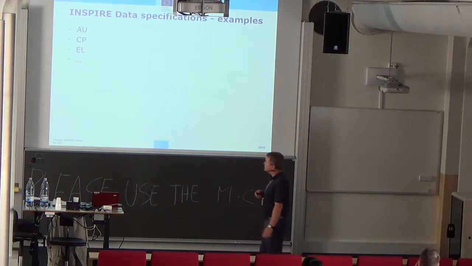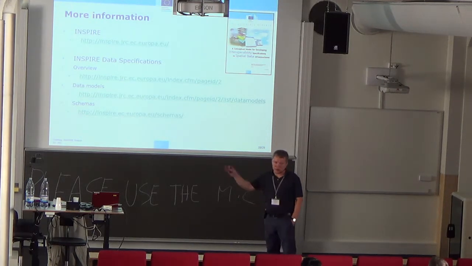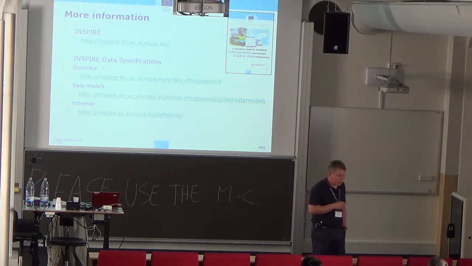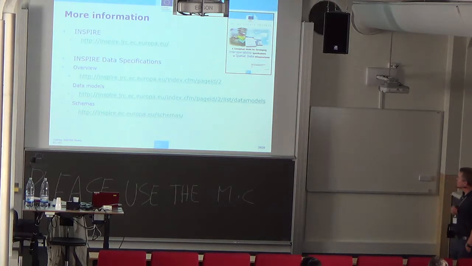So these were the examples. However, if you go into the data specification, and we will try just to go very quickly through one of them, you can choose whatever you want. But as I mentioned already, there are a lot of sources on the internet. I mentioned this JRC report, conceptual model for developing interoperability specification in spatial data infrastructure.